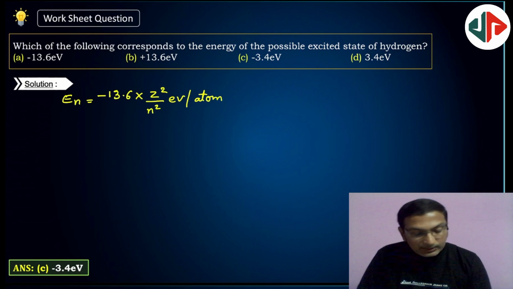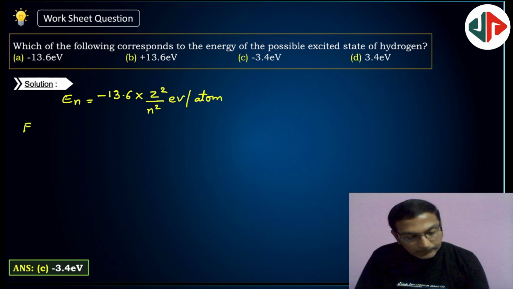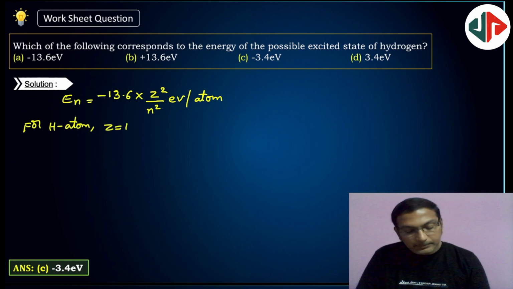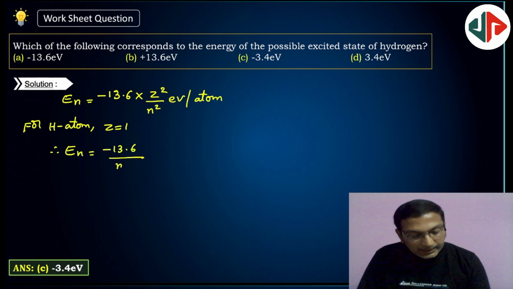Here, for hydrogen atom, Z equal to 1. Therefore, En equal to minus 13.6 by n square electron volts per atom.